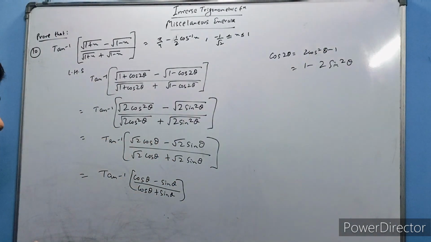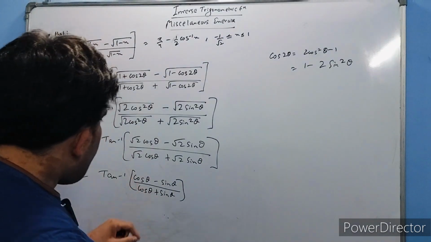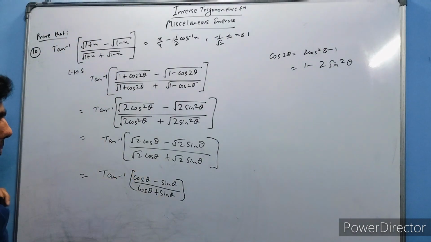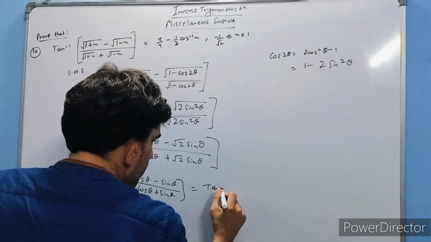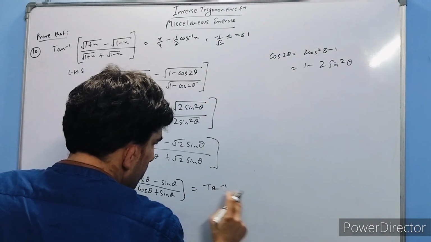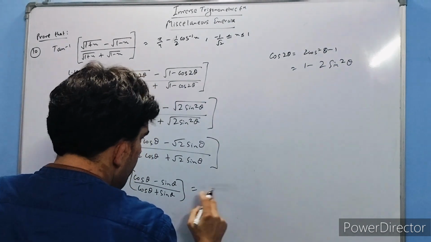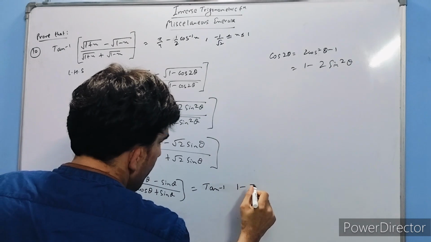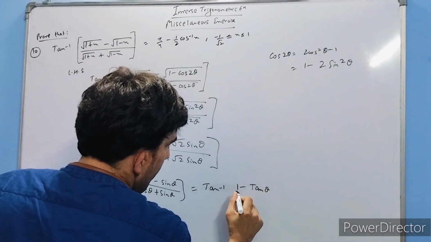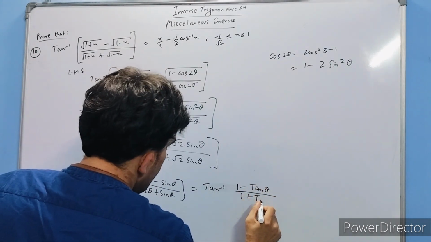Now what we can do is divide numerator and denominator by cos theta. So I will have tan inverse (1 minus tan theta) upon (1 plus tan theta).